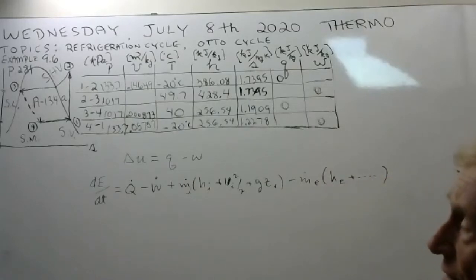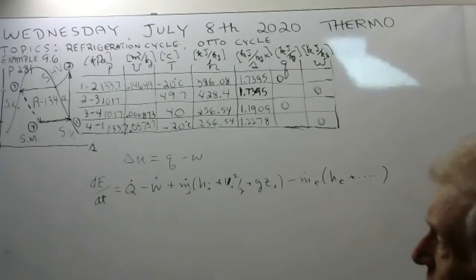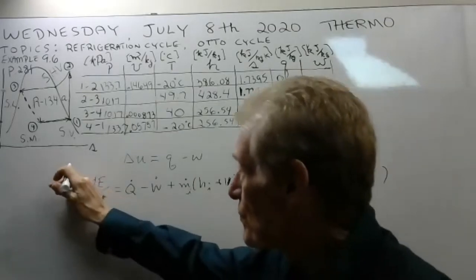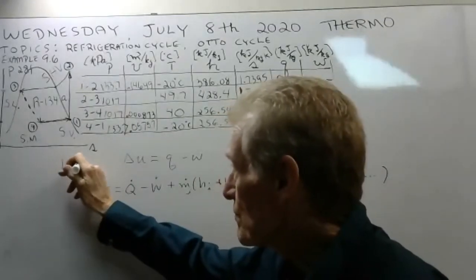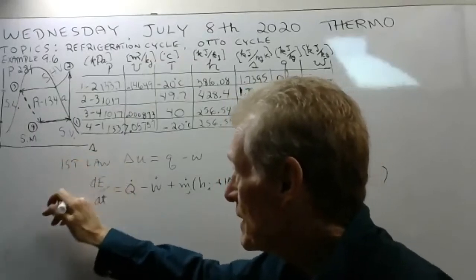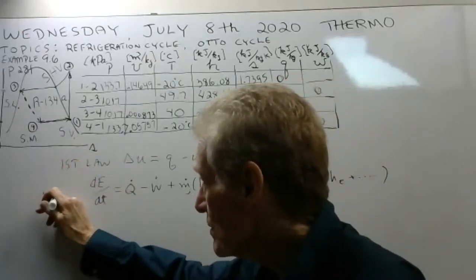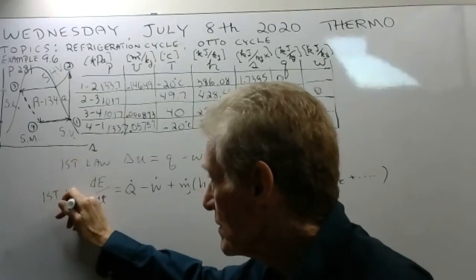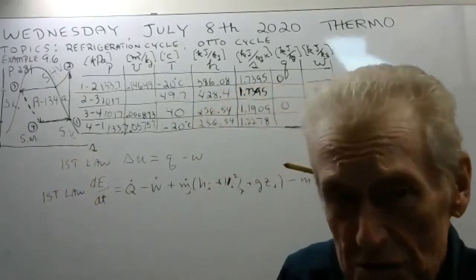Too lazy to write out the rest of it. But we got to use the right first law. See, these are both first laws. This is the first law, and this is the first law. But we got to use the right one.